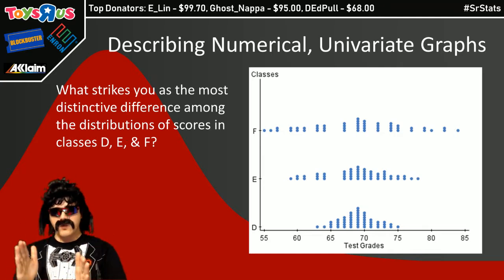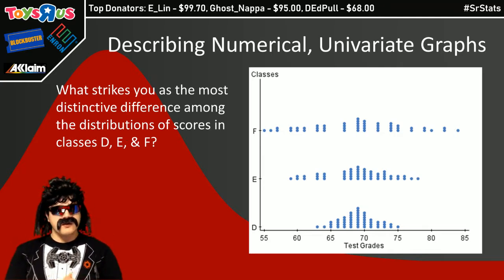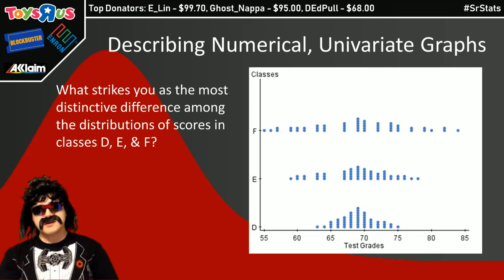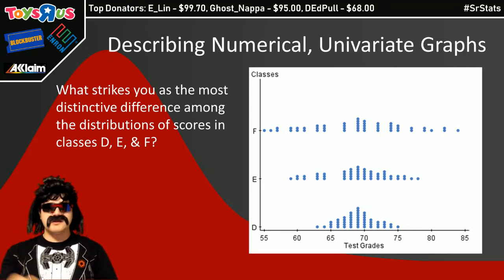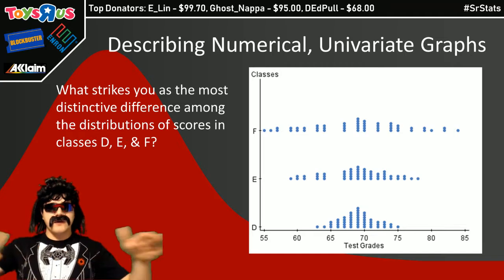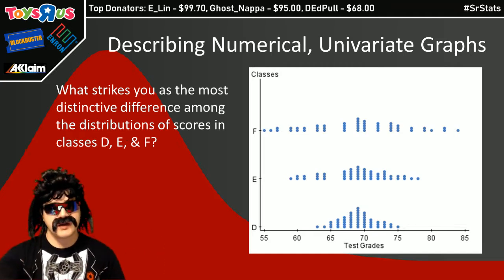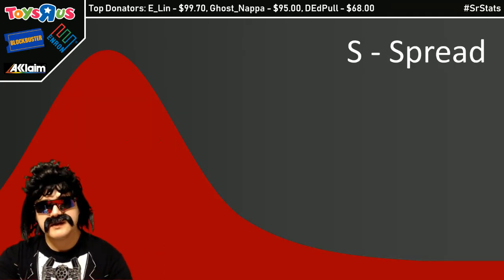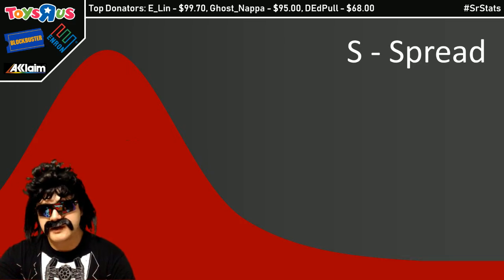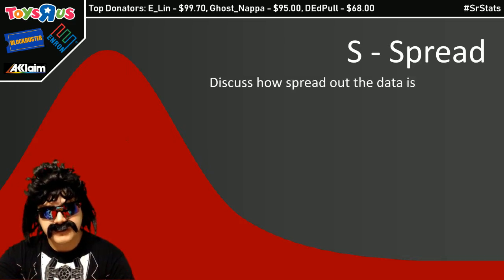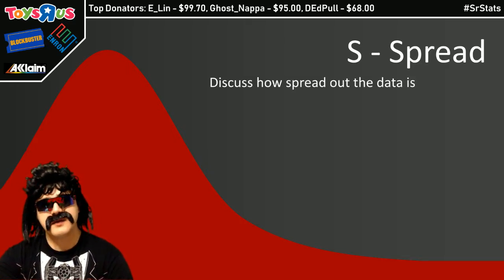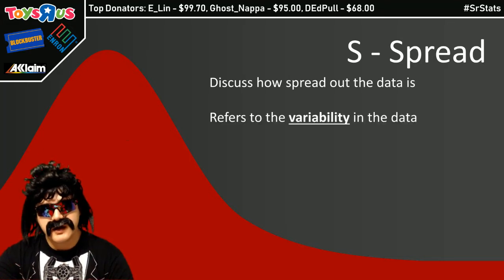So what we're talking about here is the spread, because you can easily tell the difference in how far the numbers are spread out. The second letter is S for spread. This discusses how spread out the data is. It refers to the variability in the data, how far things can be from each other.